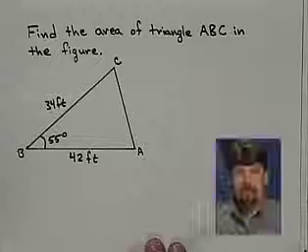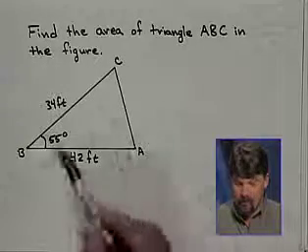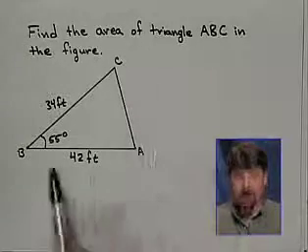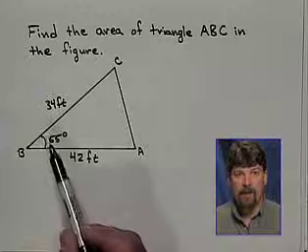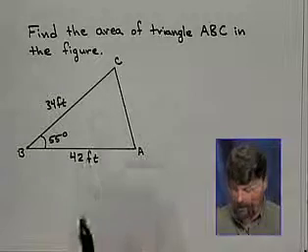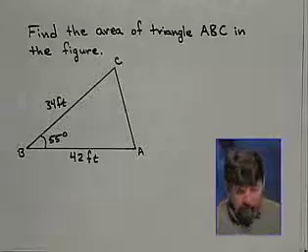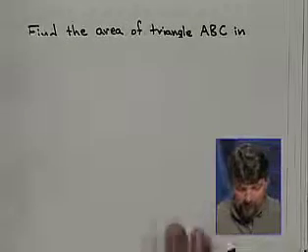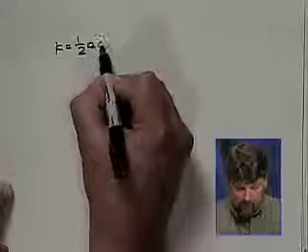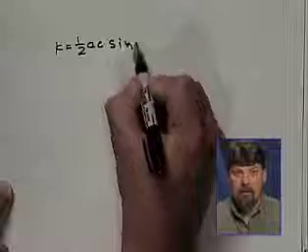We're asked to find the area of triangle ABC in the figure. So we're given the length of side A, the length of side C, and the angle in between, 55 degrees. So what we'll do is use the following formula for the area. The area K is equal to 1/2 AC sine beta.